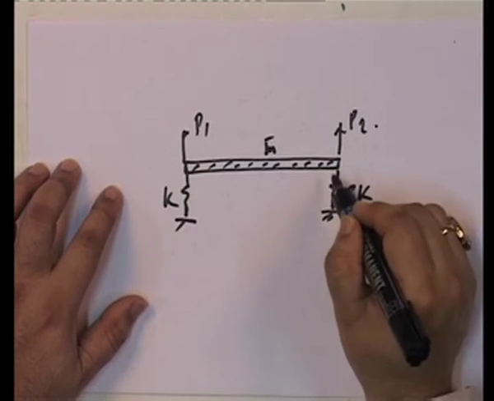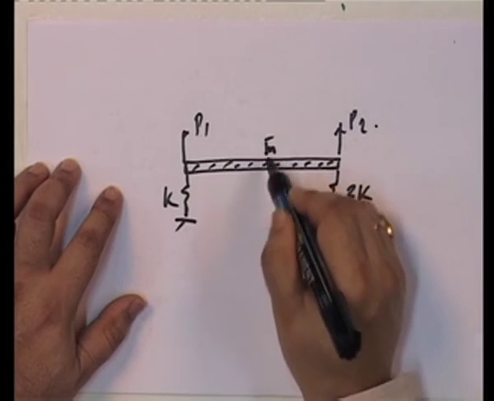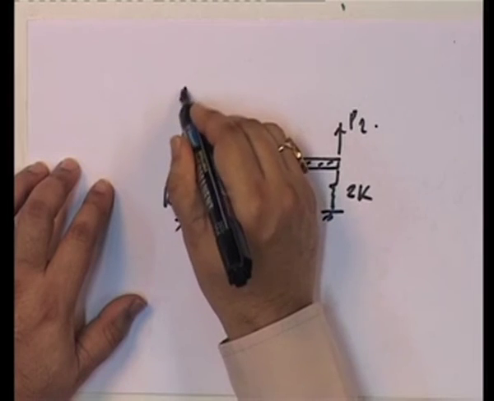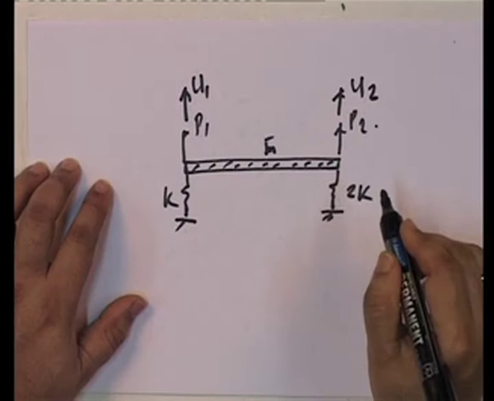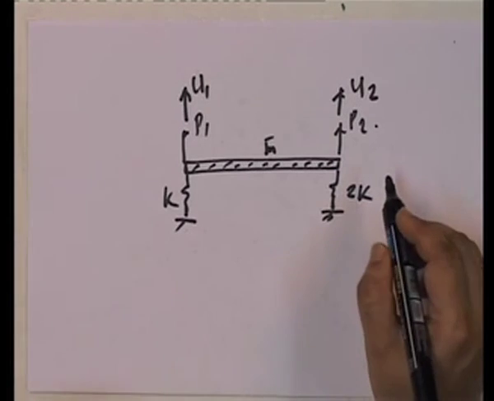Now instead of defining degrees of freedom at the center, ux and u theta, I will define u1 and u2. These are my 2 degrees of freedom.